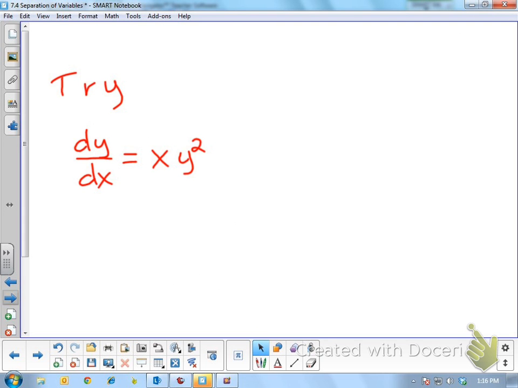So when we do this, we can only move stuff with multiplication or division. And if I can't use multiplication or division to move it, I can't solve it with our current level of knowledge.